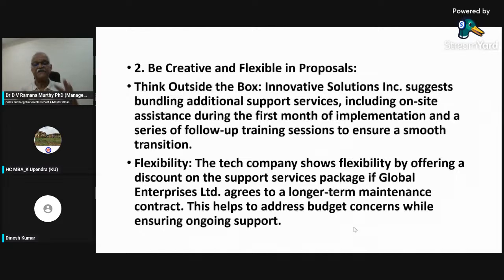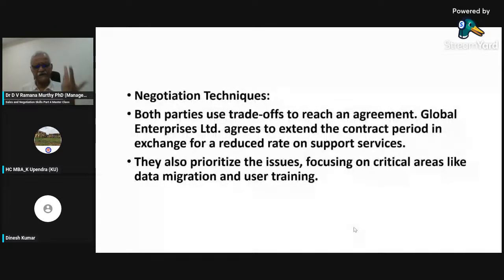Don't be rigid with your own limits in signing an agreement, with your own arguments and conditions in your sales arguments. As far as possible, you are supposed to be within your revenue model. You can't completely compromise. It's a collaboration, not a compromise, as a matter of fact. So you have to go in for a negotiation technique, and both parties use trade-offs.